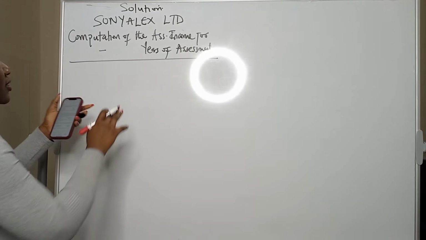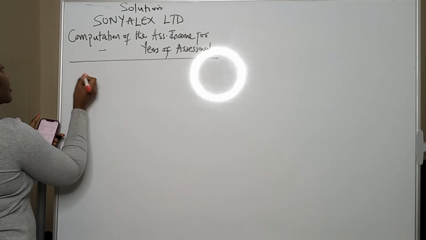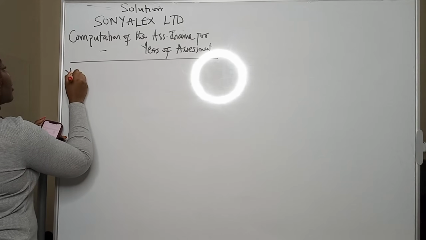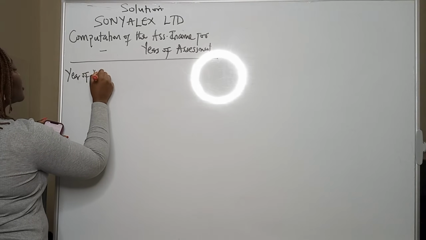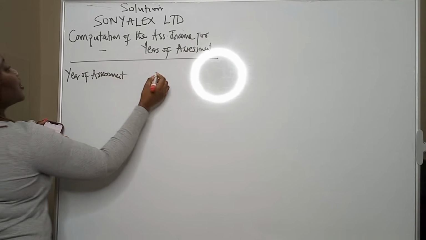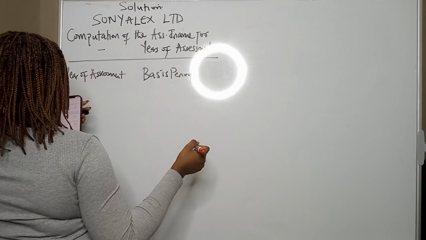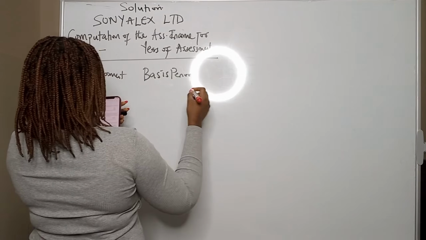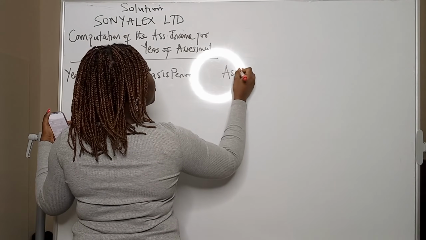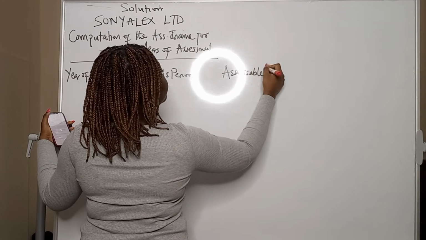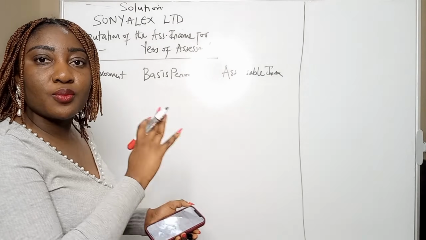So the format is to start with your tax year or year of assessment. Then the next thing is your basis period, and the next thing is your assessable income.